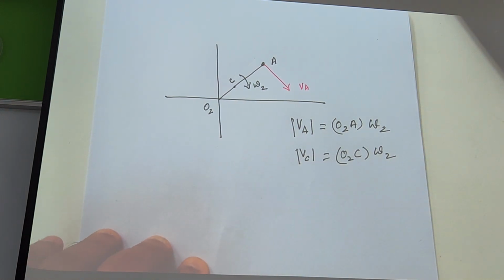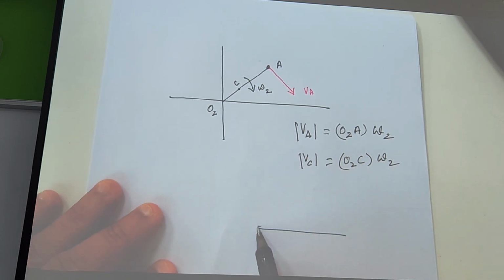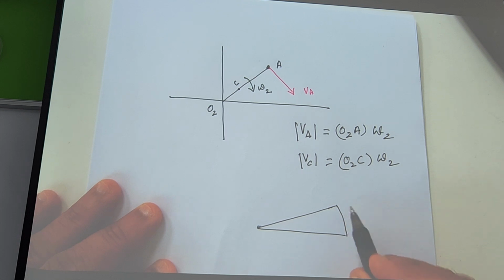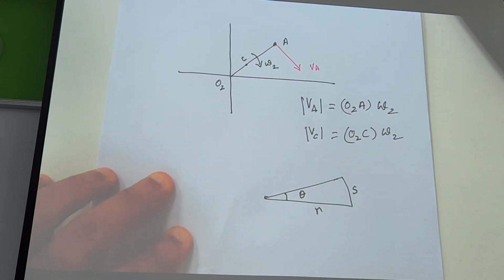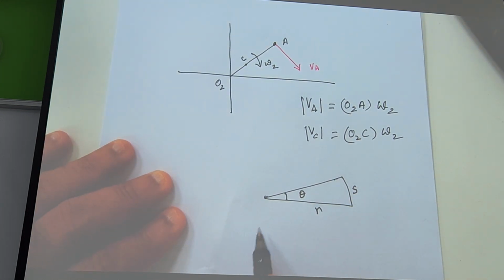For example, if you take a simple triangle here, this is S, this is theta, and let us say this is R. We can write S is equal to R into theta. So basically theta is equal to S over R.